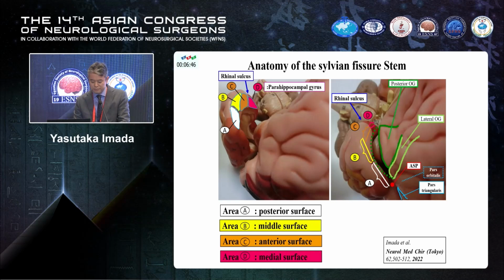Our investigation revealed the anatomical relationship between the sylvian fissure stem and the ICA and MCA.